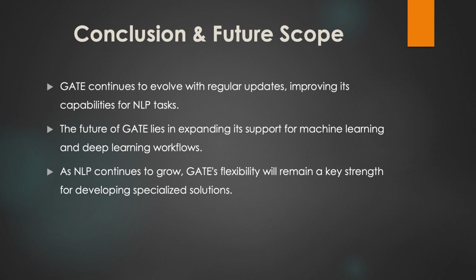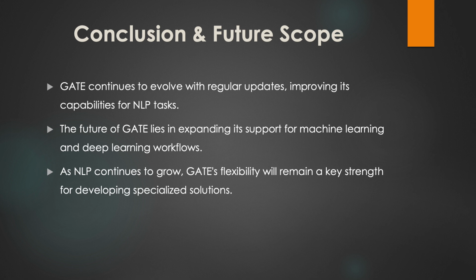One of the major areas of growth for GATE is its integration with machine learning. As machine learning becomes more integral in NLP workflows, GATE's extensibility allows it to seamlessly incorporate cutting edge technologies like deep learning models.